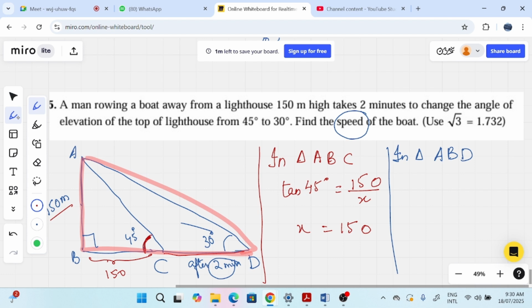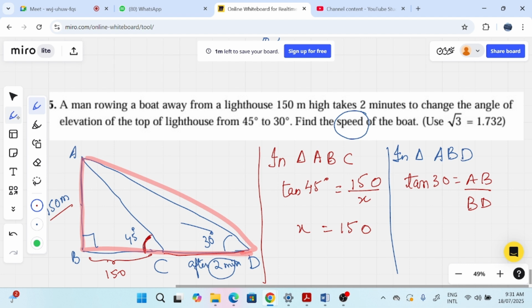So in ABD, tan 30 is equal to AB by which side? AB by BD. Ma'am, I did 150 by CD. No, you are wrong.